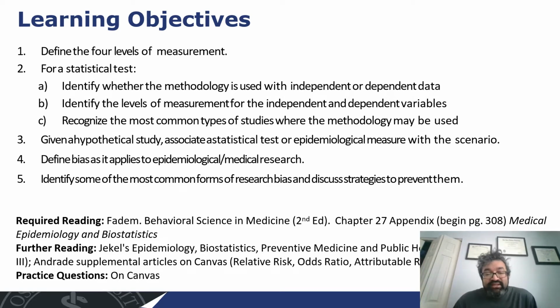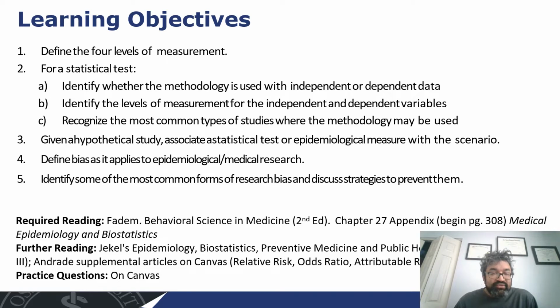These are the learning objectives for a statistical test. Identify whether the methodology is used with independent or dependent variables. Identify the levels of measurement the independent and dependent variables have. Recognize the most common types of studies where the methodology may be used.